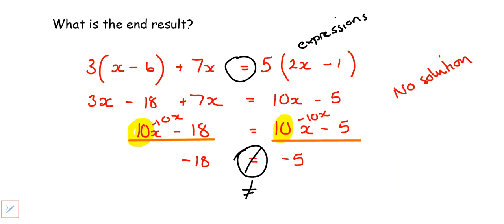No. So here, for instance, if in a test I said to you, solve that, interpret your result, then I would be expecting you to write, there is no solution. Even if you just said solve it, would we still write no solution?